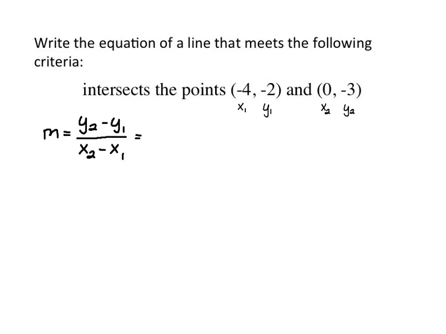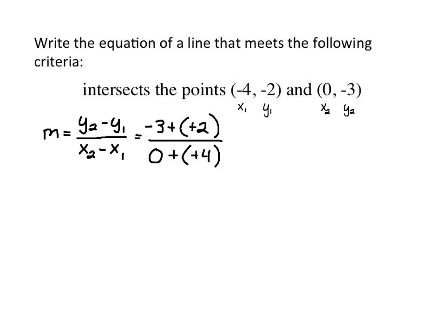And if we set this up, this is simply equal to, plugging in, -3, that's our y2, minus our y1 value, which is -2. And remember that double negative really means I'm adding 2, all over our x2 value, which is 0, minus our x1, which is -4, which of course means I'm really adding 4.